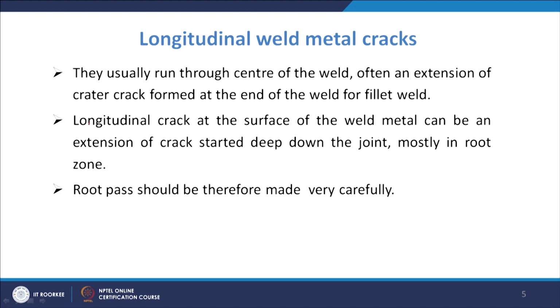A longitudinal crack at the surface of the weld metal can be an extension of a crack started deep down in the joint, mostly in the root zone. That is mainly in the fillet weld where we have seen.